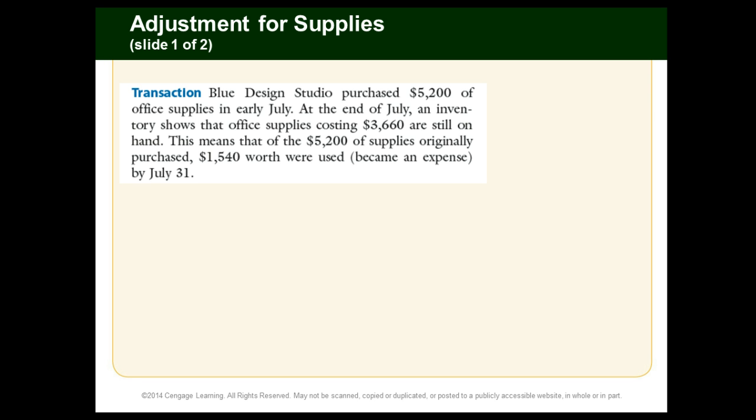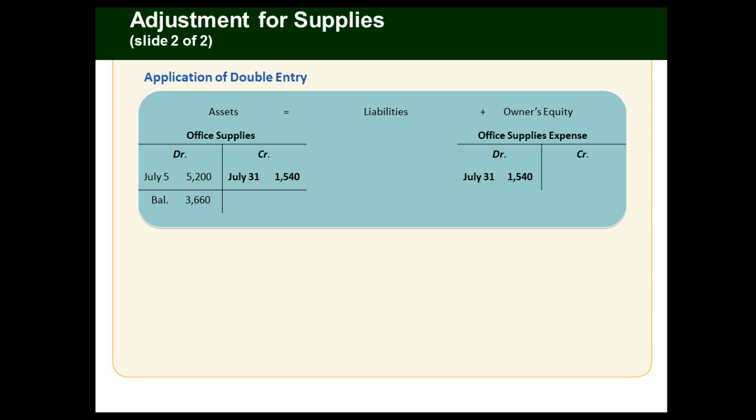So we take the difference, or $1,540 worth, and we show that $1,540 is no longer a resource. It's no longer an asset. It's used up, so we reduce our asset, and by that same amount, we debit our office expense.